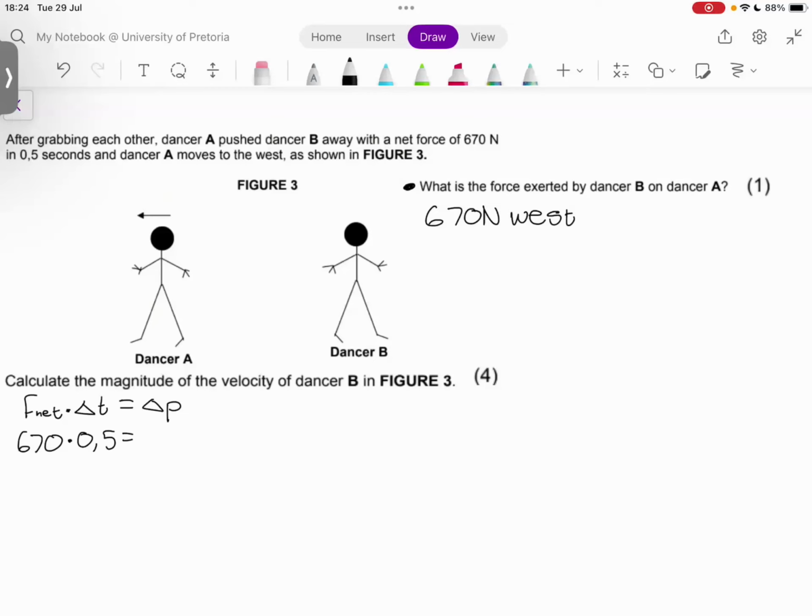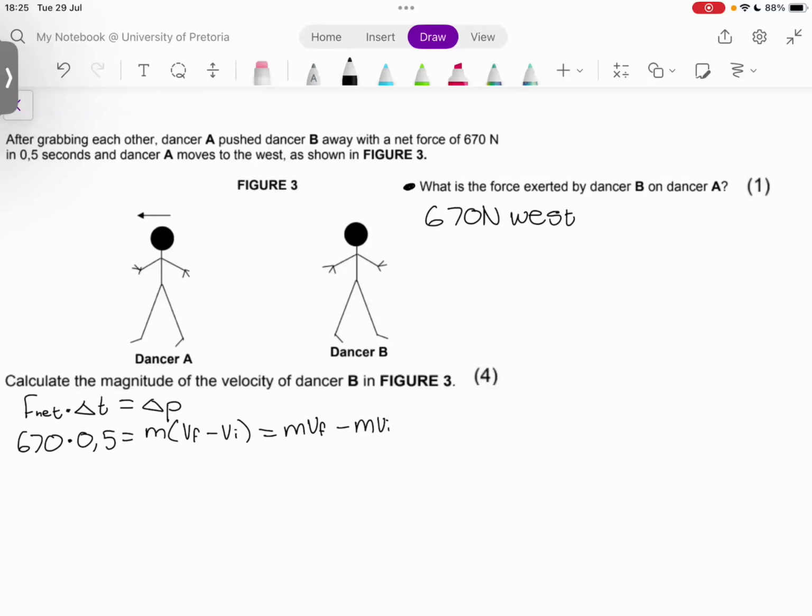And for the change in momentum, that's going to be mass times, in brackets, velocity final minus velocity initial. This would be the exact same as writing m times vf minus m times vi, by the way. So let's continue on.